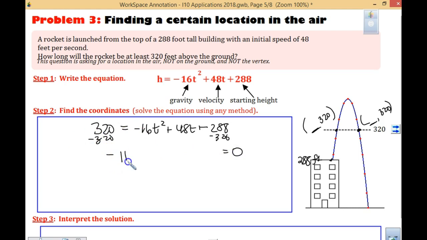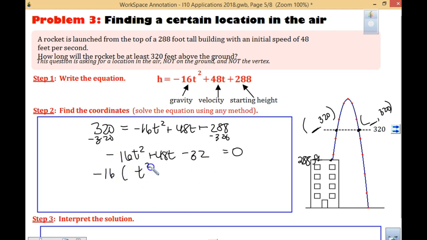I'm going to have negative 16t squared plus 48t, and then, most of you I saw put it in your calculator, a negative how much? 32. 288 minus 320.